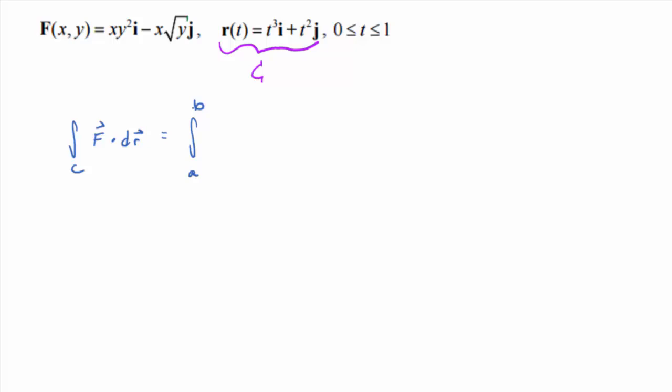And then in the computational formula, you actually write F in terms of t. I'm just going to write down F, though. But it's a single integral, so it has to be in terms of one parameter. That's one way to remember it. And then dotted with, it turns out, r prime of t dt. That would be your other interpretation of dr. Now, why does that make sense?